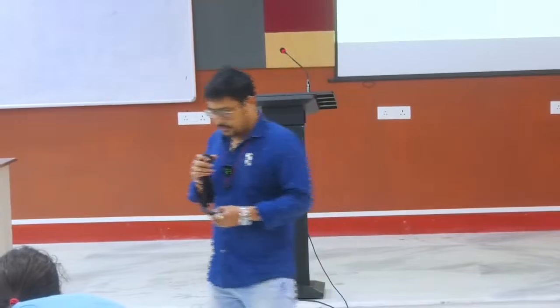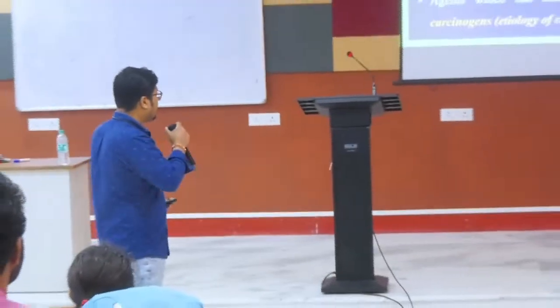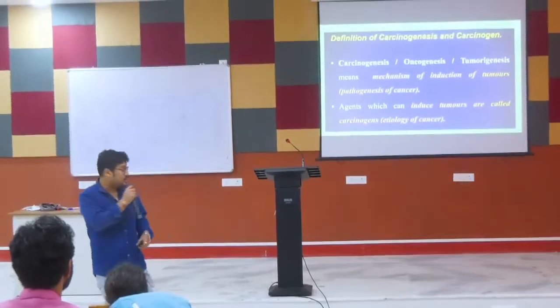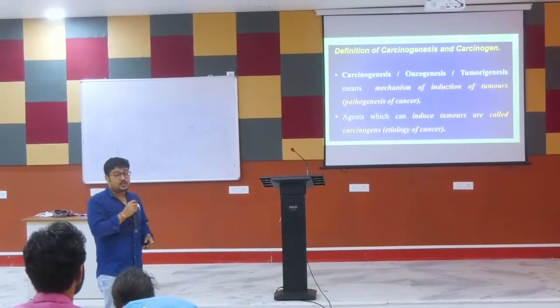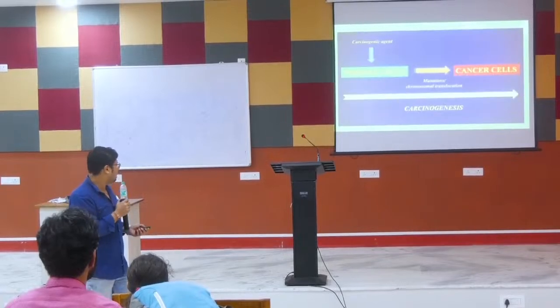So in our class, we briefly described today the process of carcinogenesis by these various group of agents. Now, the mechanism of induction of tumor is called carcinogenesis, and agents which can induce the tumor or cancer are called carcinogens.